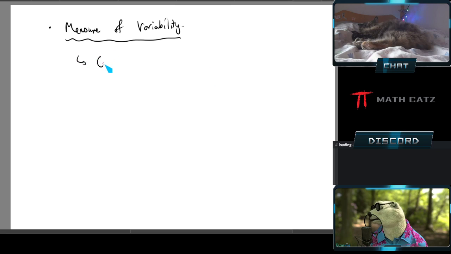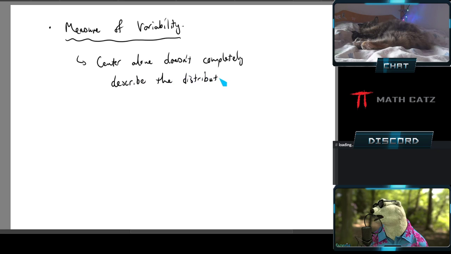The measure of center alone doesn't completely describe the distribution. It does describe something, but it doesn't completely describe what is happening. It's only half the picture. My writing is not very neat today. That's okay.